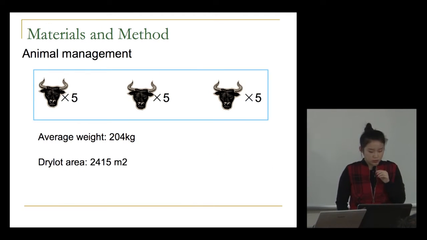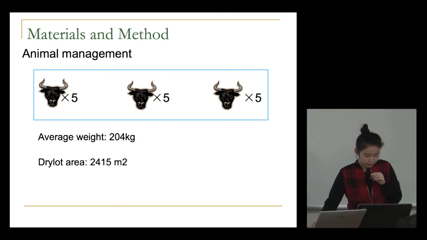Turning to the next point, the materials and method. First, animal management. 15 cattle averaging 204 kilograms were randomly allocated into 3 groups, 5 cattle per group, and all the cattle were housed in a rectangular dry lot.